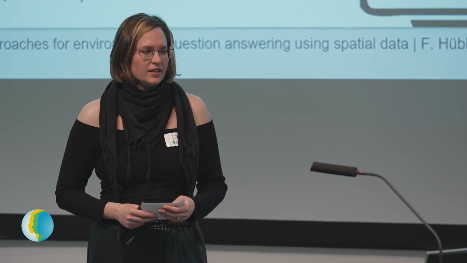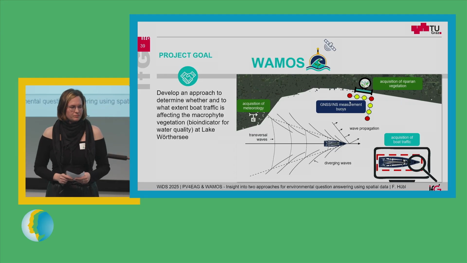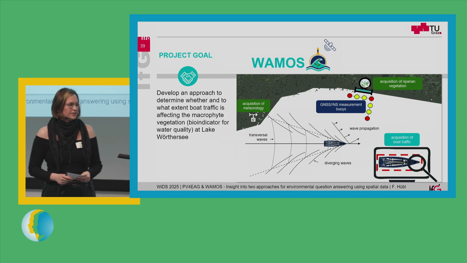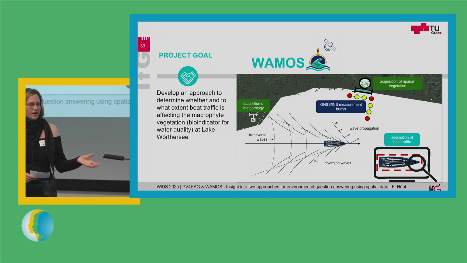GNSS means the position of the buoy, for example, like we have it here, and also an inertial measurement system is integrated. The goal is to develop an approach to determine at Lake Wörthersee whether boat waves or, for example, other factors are relevant for the decrease in water quality.